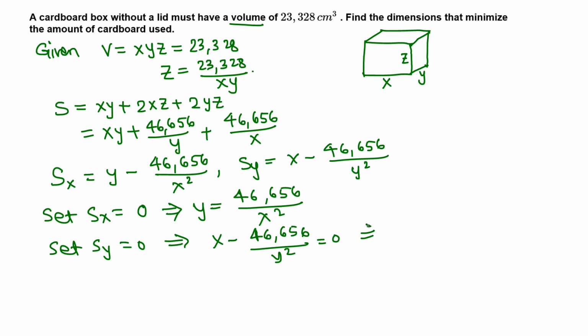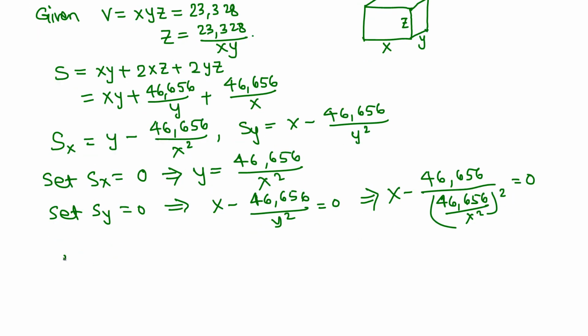So this implies x minus 46,656 over y squared. That means this fraction is squared: 46,656 over x squared equals 0. So let's simplify this.